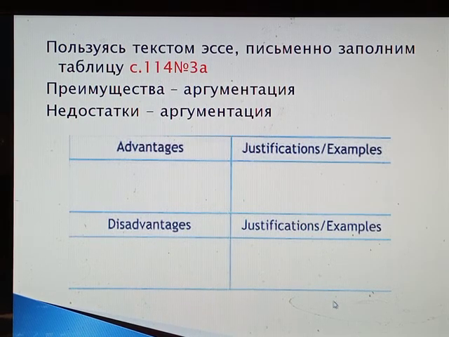Итак, ваша задача в таблицу выписать преимущества использования интернета и комментарии к этому преимуществу, недостатки в использовании интернета и комментарии. You stop the video and do this exercise in written. Видео ставим на паузу, а упражнение выполняем письменно в тетради.